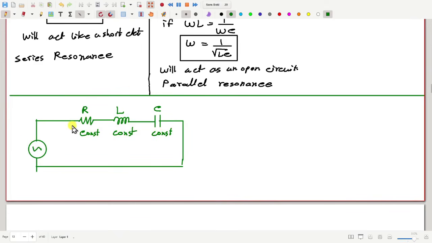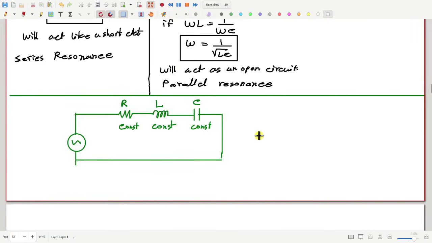But say the source is variable. Suppose the source voltage VRMS is constant, but the frequency, or omega, is variable. So this is a variable source whose RMS value is constant, but whose angular frequency is variable.